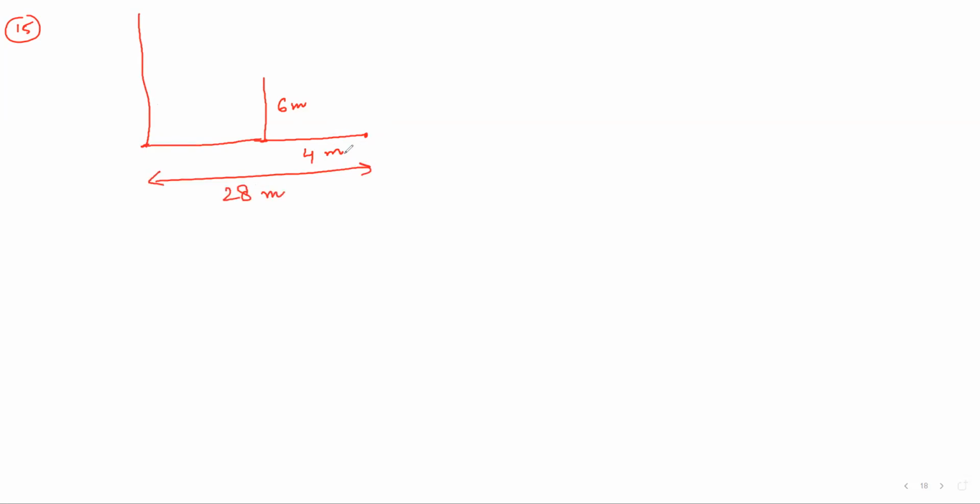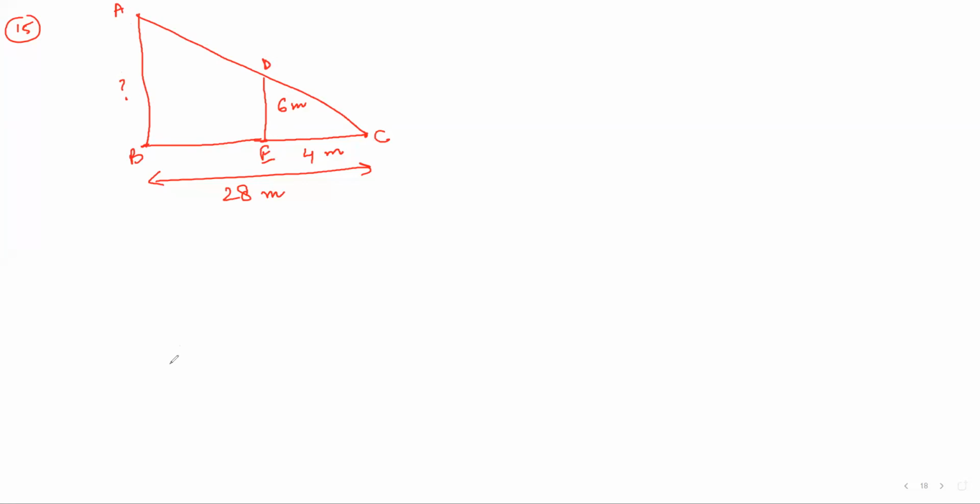Find the height of the tower. So this height you have to find. So you just join them, make a triangle and give it some name. Let me call it AB, and this we can call ABC, and then we can call it DE. DE, PQ, whatever you want. Okay.